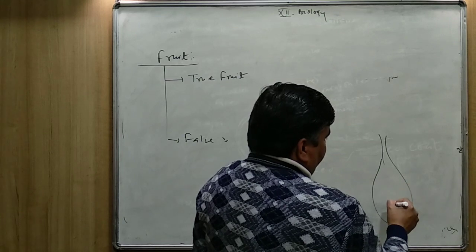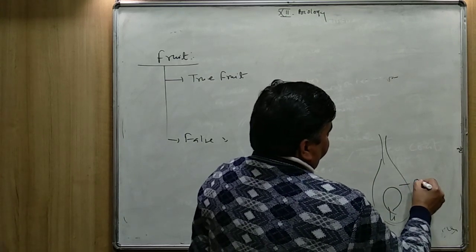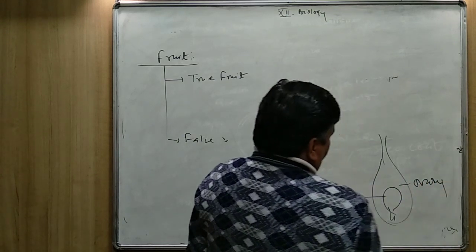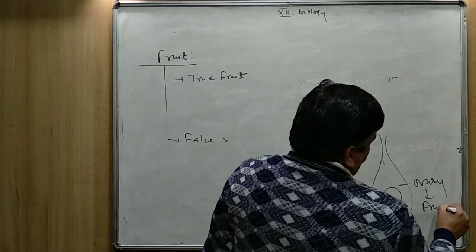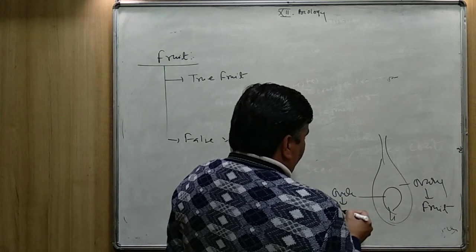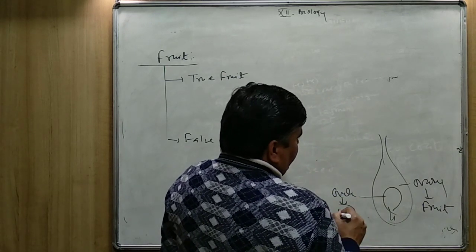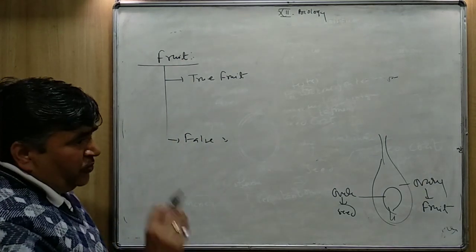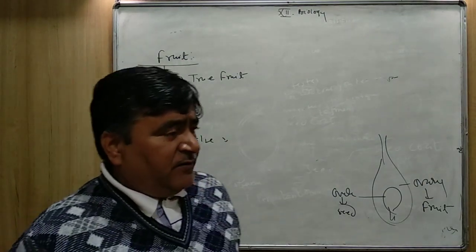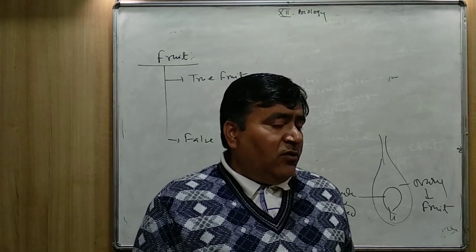Suppose this one is the ovary containing ovule, this one is the ovule. The ovary is converted into the fruit, and I told you the ovule is converted into the seed, and the remaining parts disappear. So fruit is the product of the ovary.